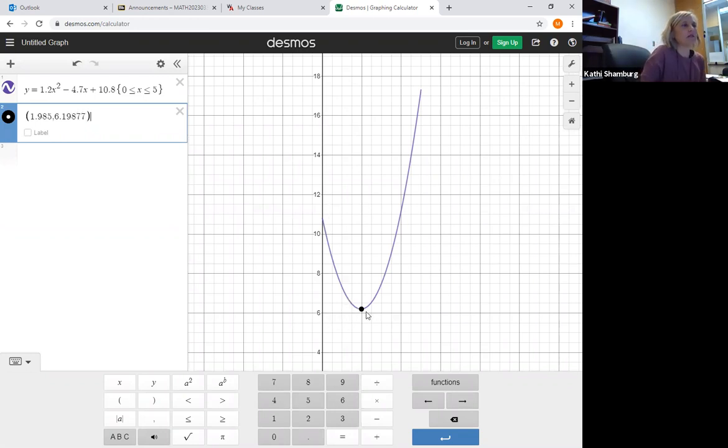Now this happens to be a relative minimum as well, but it is also our absolute minimum. And then our absolute maximum was 17.3. And as you can see, the very tallest number, the greatest, is your absolute maximum.